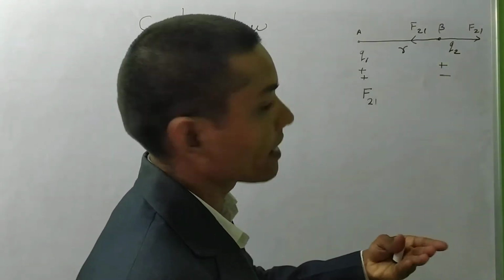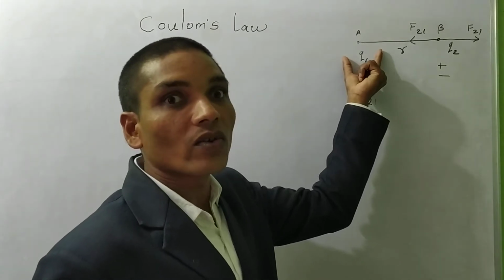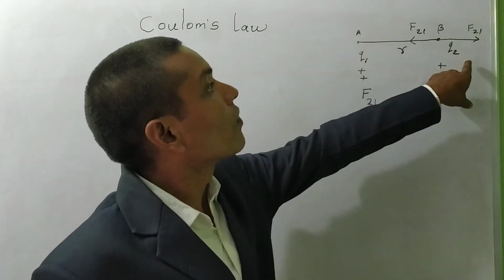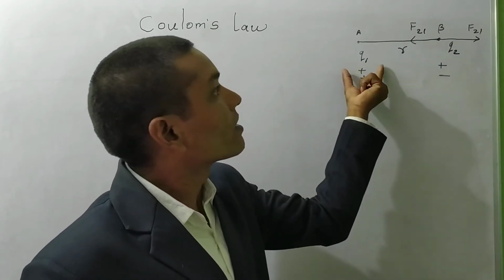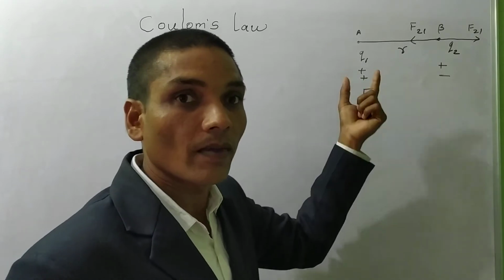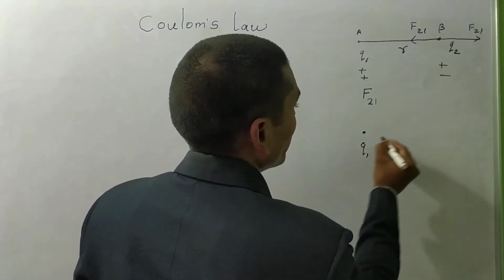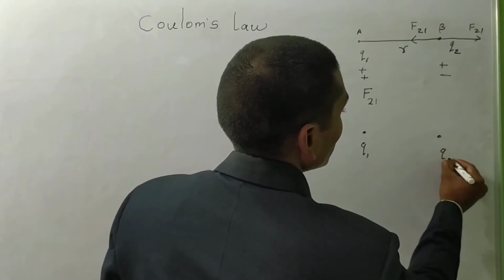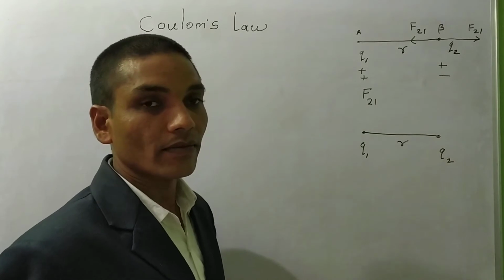In the second case, because the first point charge is also in the area of influence of the second point charge, it will also experience some electrostatic force. Let this be the first point charge and this the second point charge, with this distance between them.